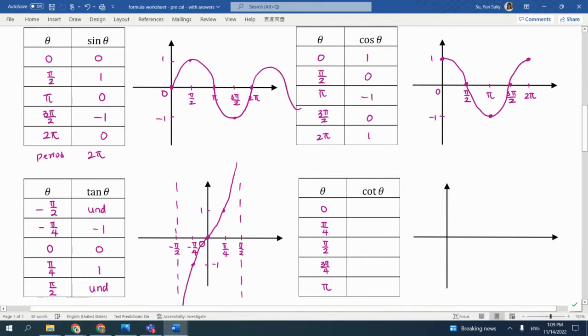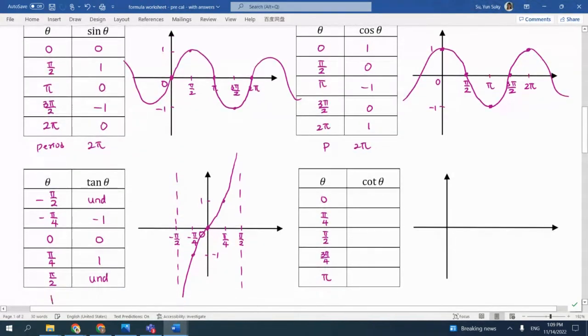And therefore, if you have more than that, you just keep going, right? And also cosine, what's the period? 2 pi. Therefore, you just keep going. Tangent, what's your period? Pi. Therefore, you have a lot of copies of those, right? Yes, everybody? Okay, now cotangent.